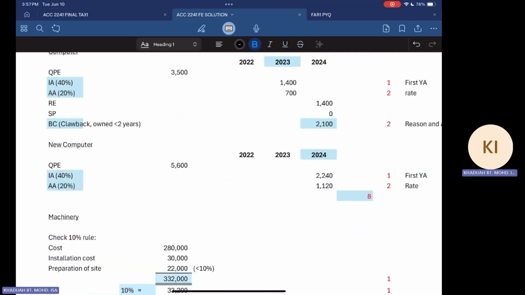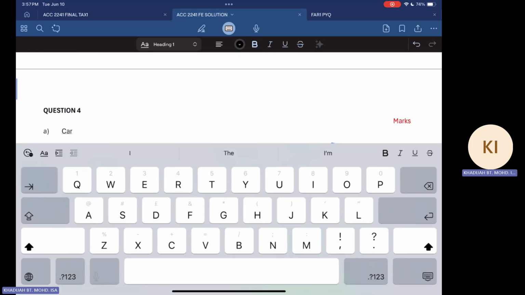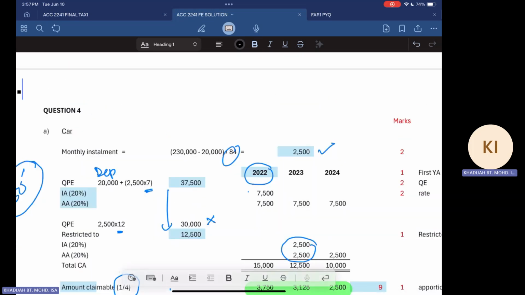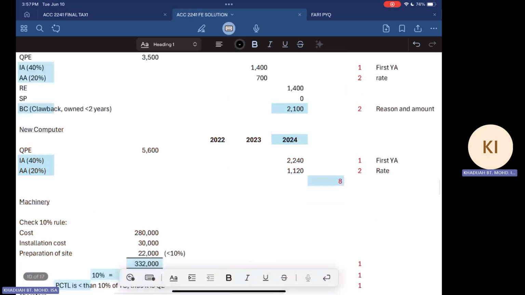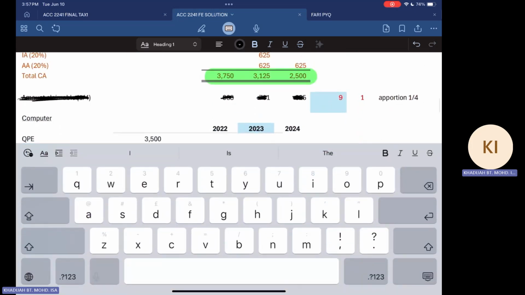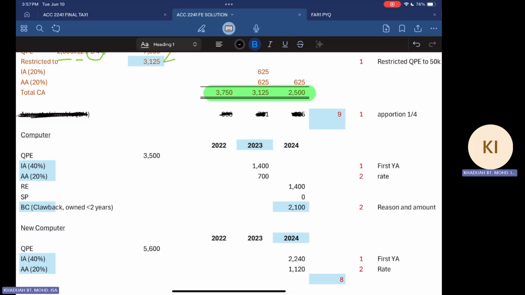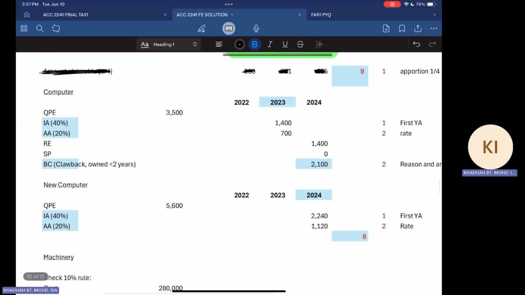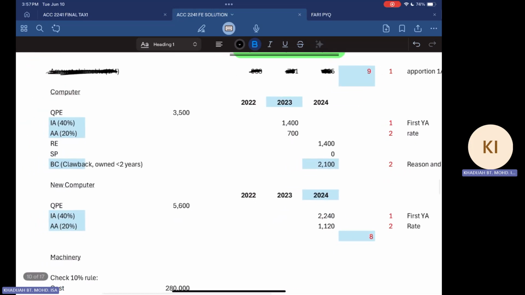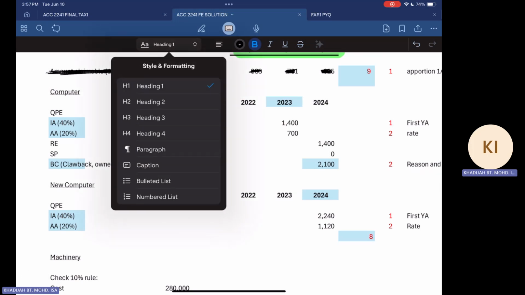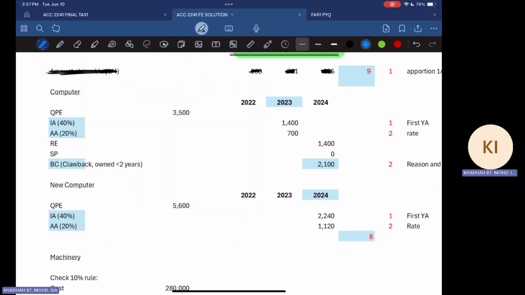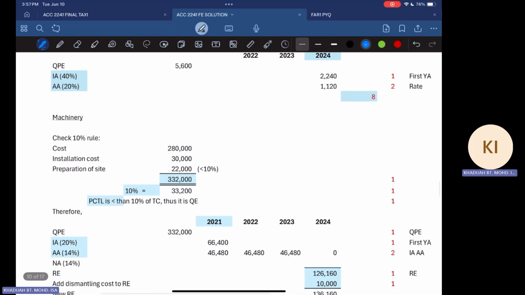And then you dispose the computer in YA 2024. Remember that there's no allowance claim in YA 2024, because that is the year of disposal.